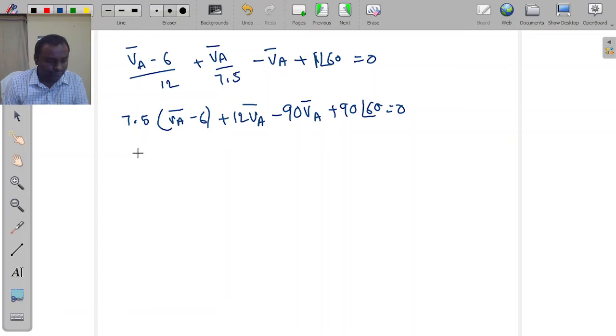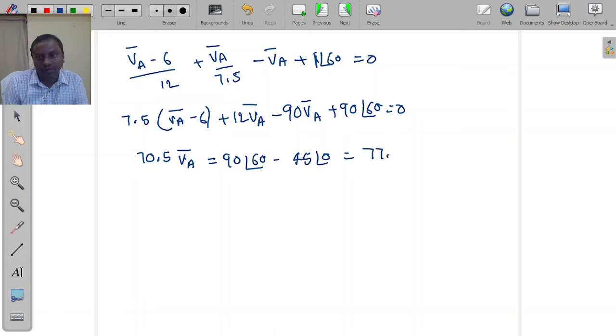Now 70.5 VA equal to 90 angle 60 minus 45 angle 0.